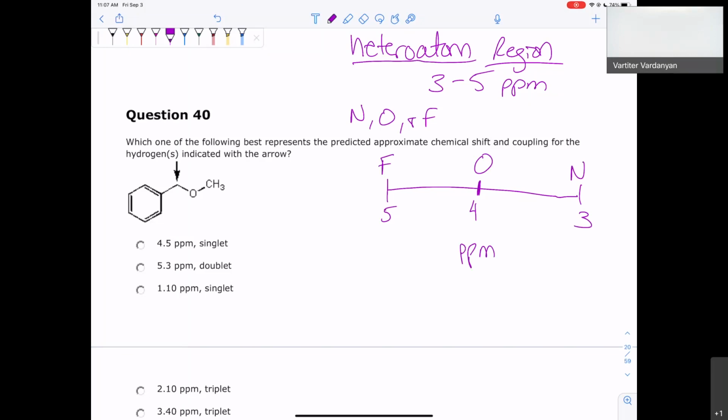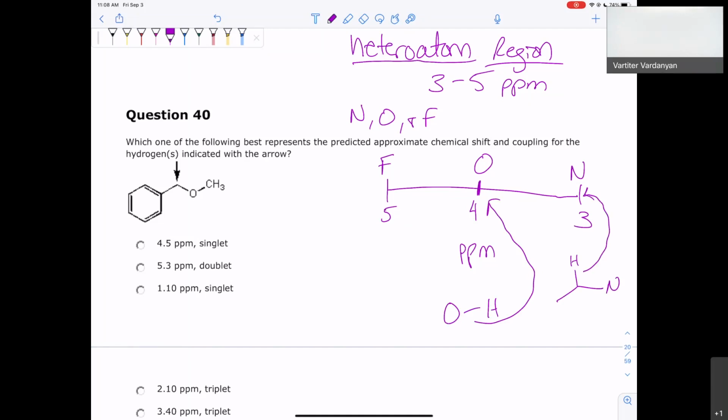Basically, if he gives you something like this and asks you for the chemical shift, it's going to be right around 4. If he gives you something like this, that's not only a nitrogen, but it's 1 carbon away from the nitrogen, so it's going to be on this low end.